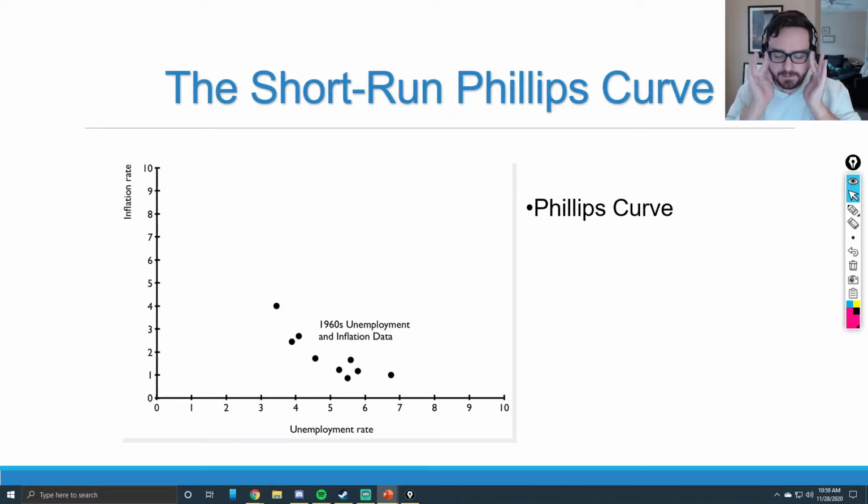Write this down. The Phillips Curve is based on the concept that inflation rate and unemployment rate are inversely related variables. That inflation and unemployment are inversely related. The idea being, as unemployment rate goes down, which means functionally more people have jobs, right? Lower unemployment rate means more people have jobs. More people will have money and be spending that money, and more spending leads to inflation.